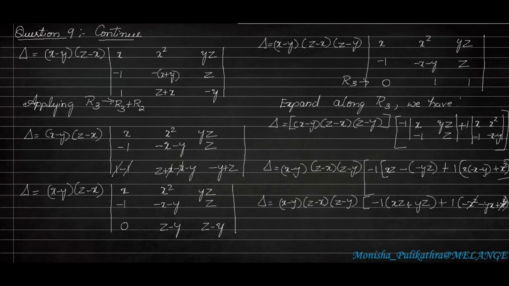Here minus x square plus x square cancels. So delta is equal to x minus y, z minus x, z minus y. Here multiply it with minus 1. So it will become minus xz minus yz and minus yx.